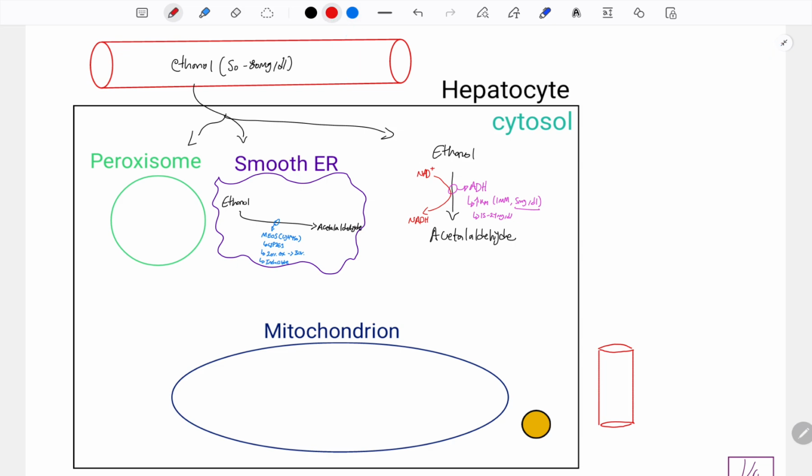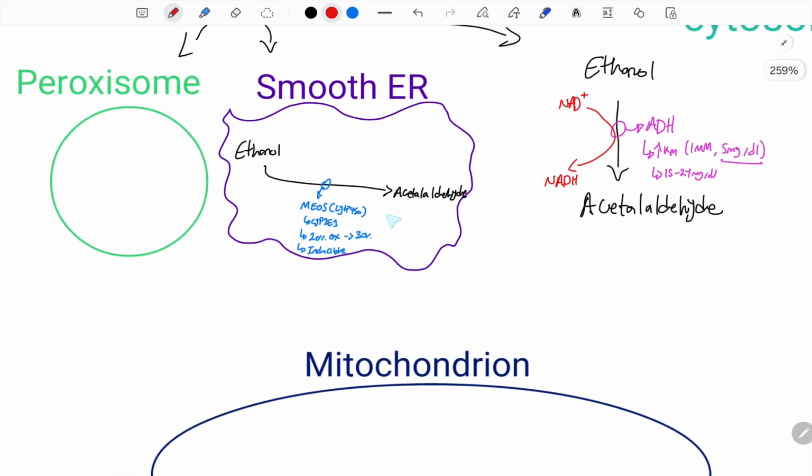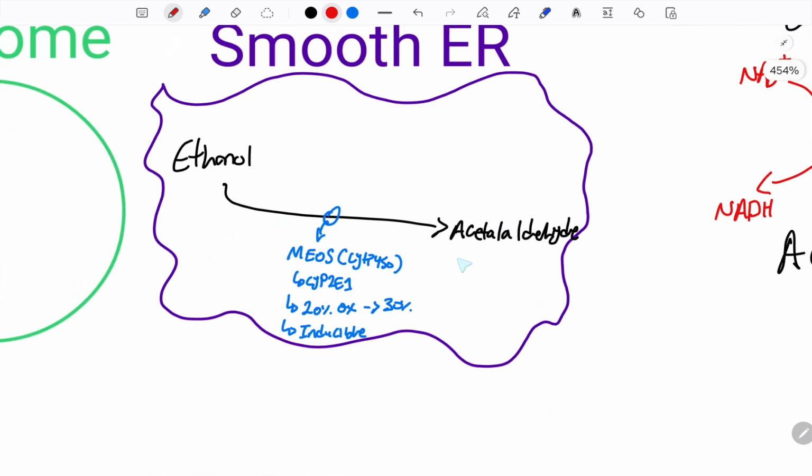Now, to carry on with some of the constituents of the reaction here, ethanol to acetaldehyde using the MEOS system uses special kinds of molecules. It doesn't use NADH. It actually uses something called NADPH, and it converts the NADPH into NADP, plus 2 waters, actually.